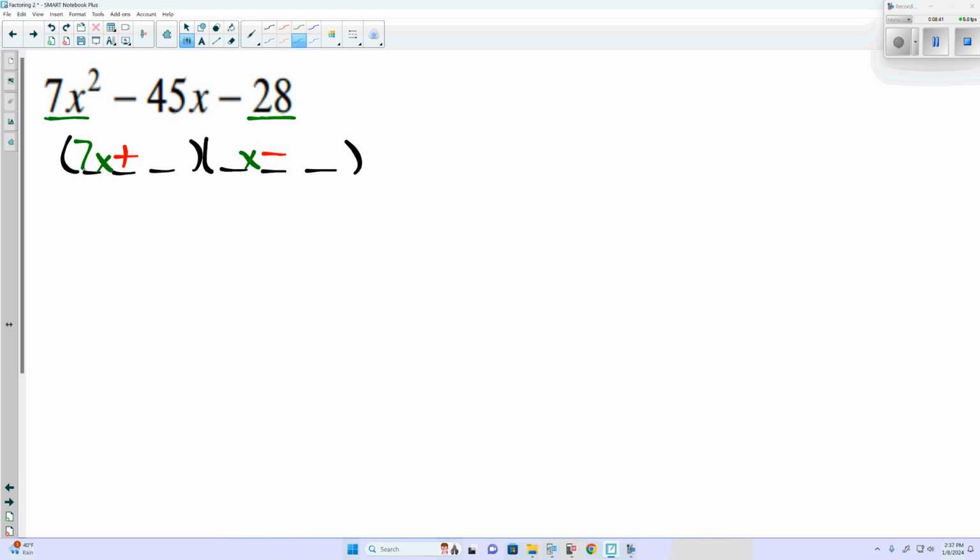28, on the other hand, does not have one set of factors. It actually has 3, because we do have 1 and 28, 2 and 14, 4 and 7. Which one do we want to try first? Which one do we want to put first?